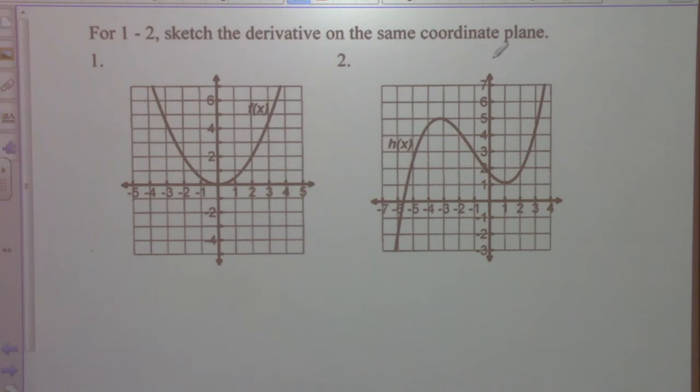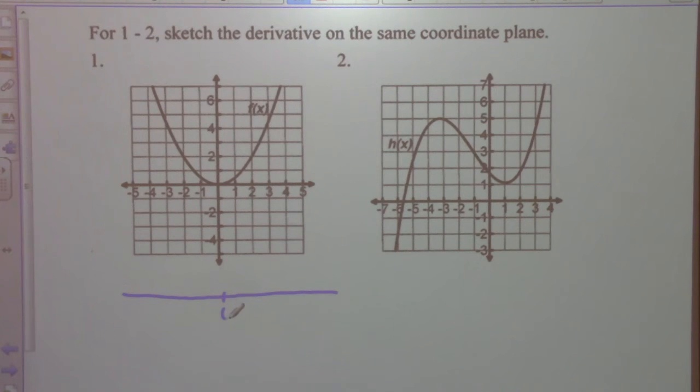Okay, sketch the derivative on the same coordinate plane. Again, if you make a number line here, what is your critical number going to be? Is it zero?